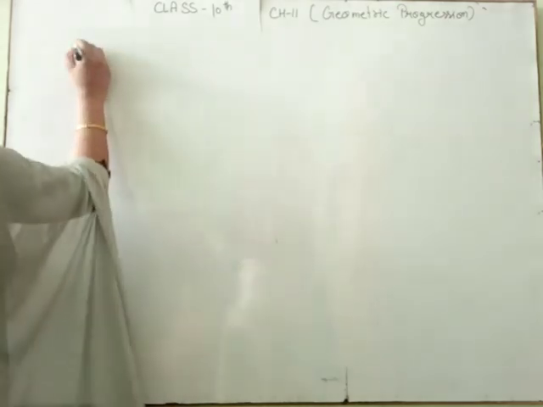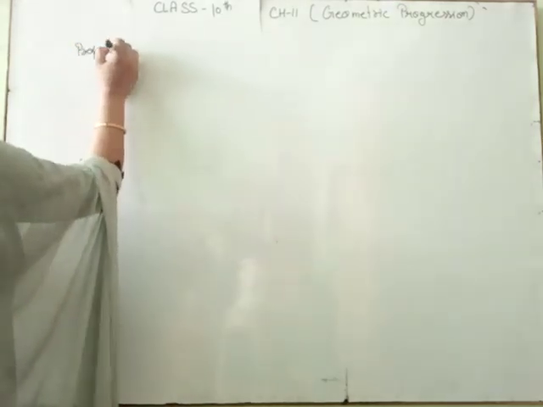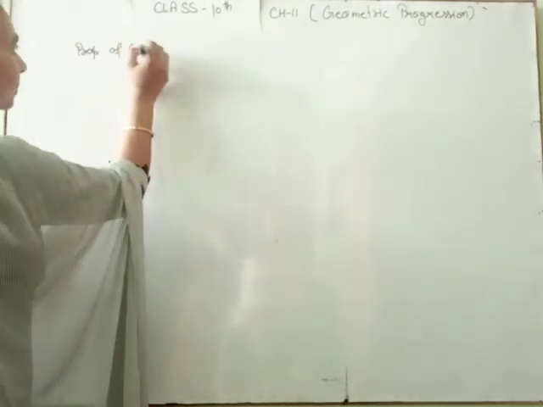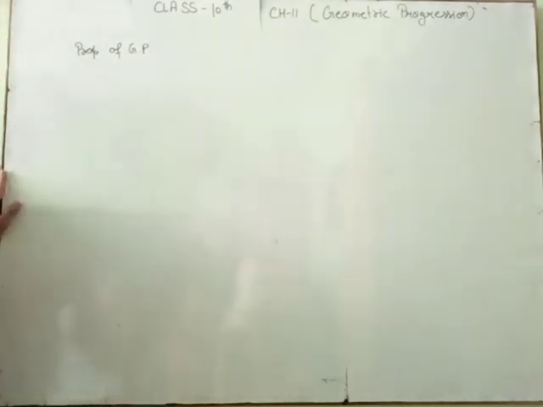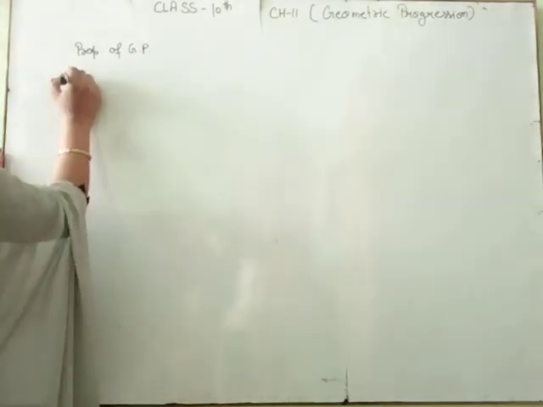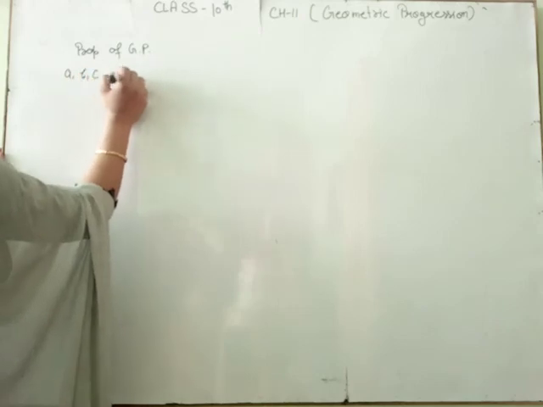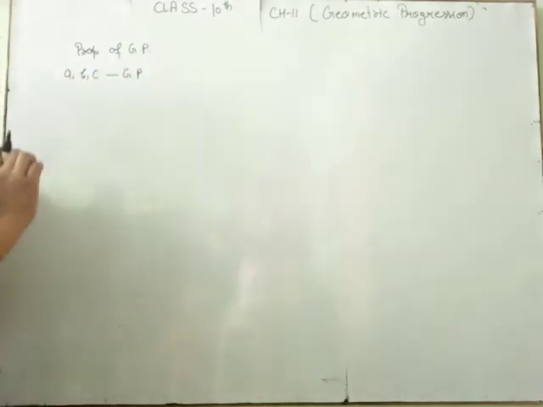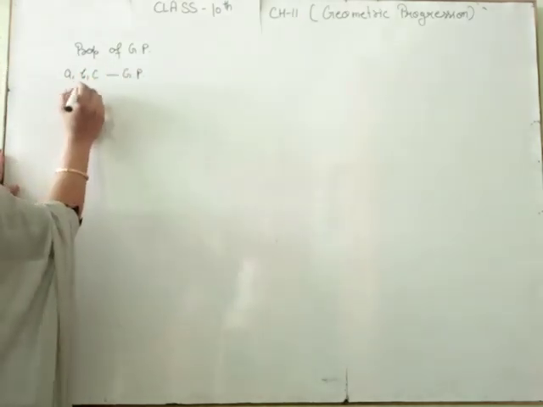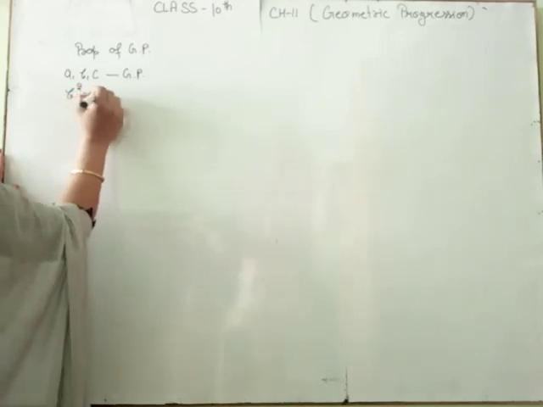First is properties of GP. There are some properties of GP. What is this property? First, if A, B, C are in GP, then we write B square equal to AC.